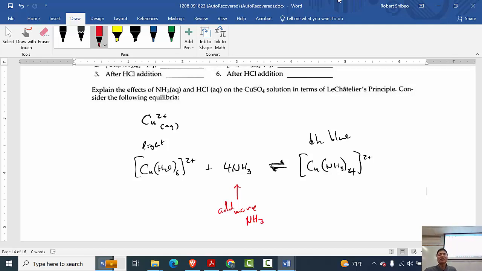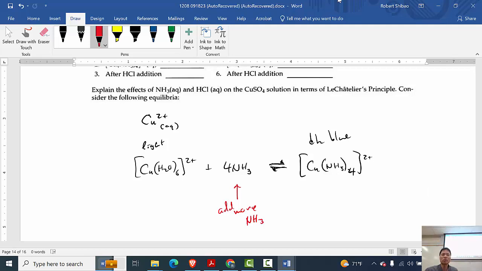So when you initially add the ammonia, what you get is a baby blue precipitate. But if you keep adding the ammonia, then the strength of this Lewis base takes over and it'll react preferentially with the copper. And so what eventually happens is this little light blue precipitate disappears with additional ammonia, because ammonia is an excellent Lewis base, and this is a stable complex here, the tetraammine copper 2 complex.